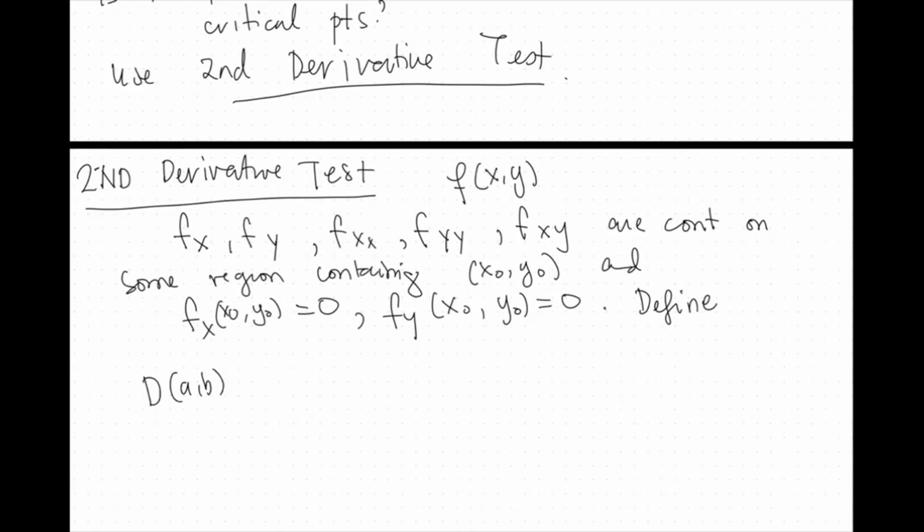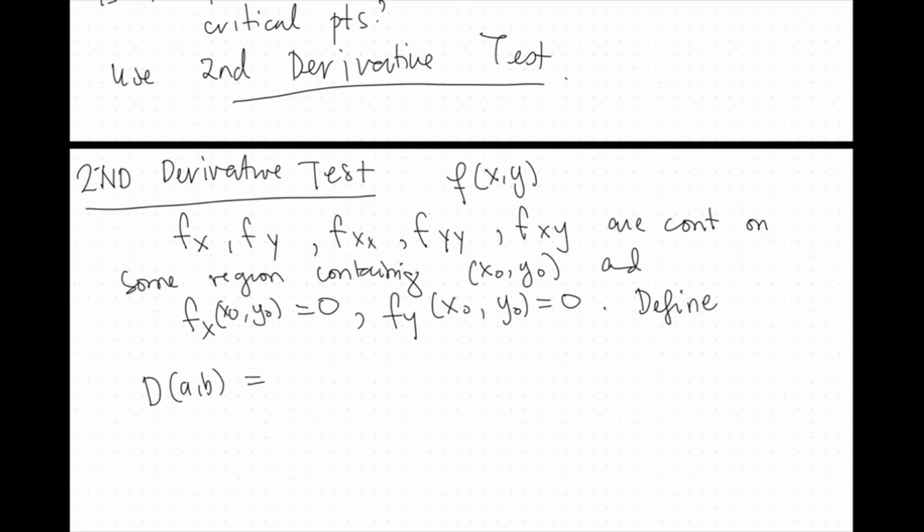Let's just call this the D value. Some books call this the Hessian, but it's not used in all the books. For example, Stewart is not using that term. The module is also not using that term, but in the slides before, it's called the Hessian of our f at the point (a, b). Okay, let's just call this D(a, b).